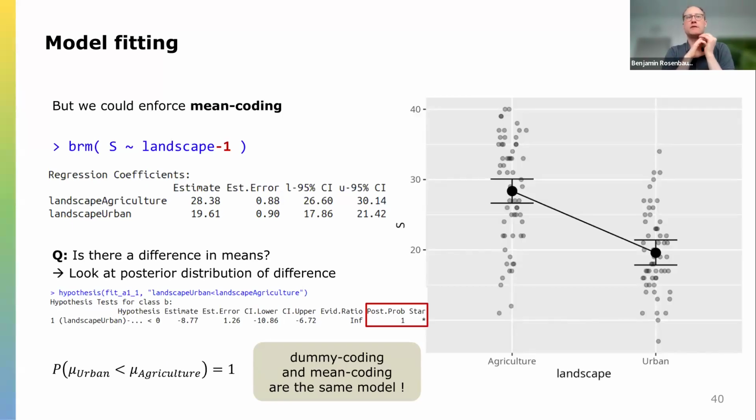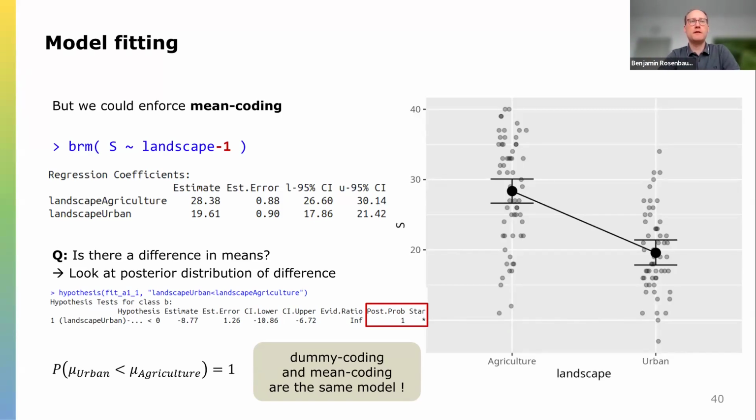And then you directly get all the estimated means as parameters. However, if you then want to compare them or look at the difference, you have to calculate it. Again, for the models, the parameters, or the outcome, it doesn't make a difference.